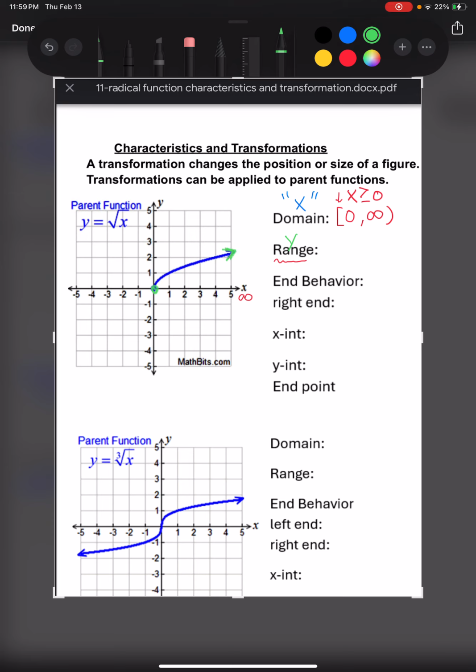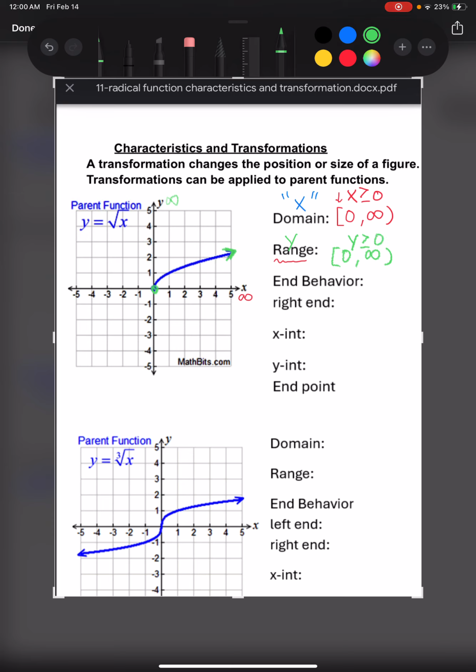So we're going to read this arrow's y value. Start from 0, and then it goes continuously up until positive infinity. And then you need to close it with a parenthesis. So y's are greater than or equal to 0 also.